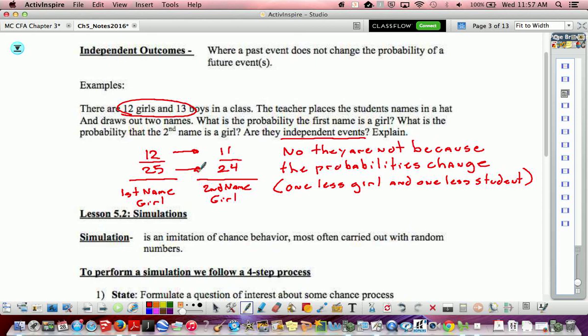When you don't put the names back in, it changes your probabilities. Now, if I took one name out at a time, noted it and put it back in, did it again and noted if it was a boy or a girl, then the events would have been independent. But there are many things that we look at where independence doesn't happen.